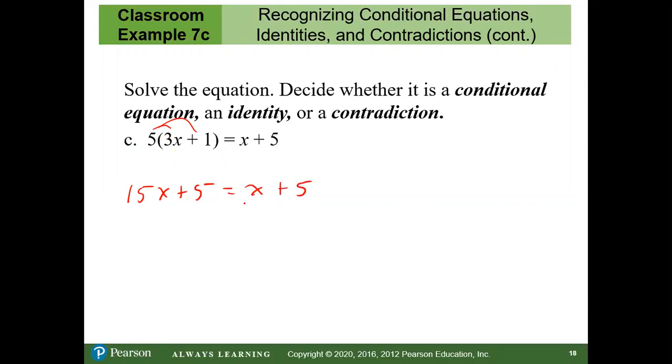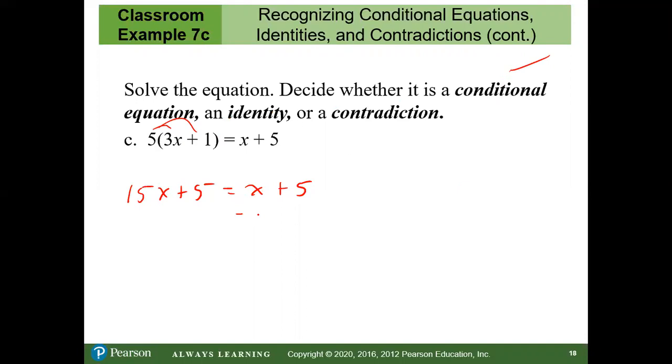So we're trying to figure out if this is going to be an identity or contradiction at this point. Usually if you have the same exact coefficient of your variable on both sides, that's when it's either going to be the identity or the contradiction. We don't have that. We have a 15x here, and we have an x over there. So we're probably going to get one of these conditional situations.